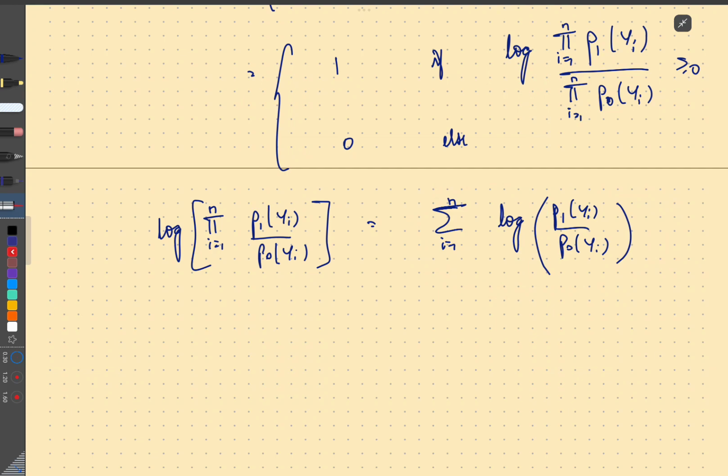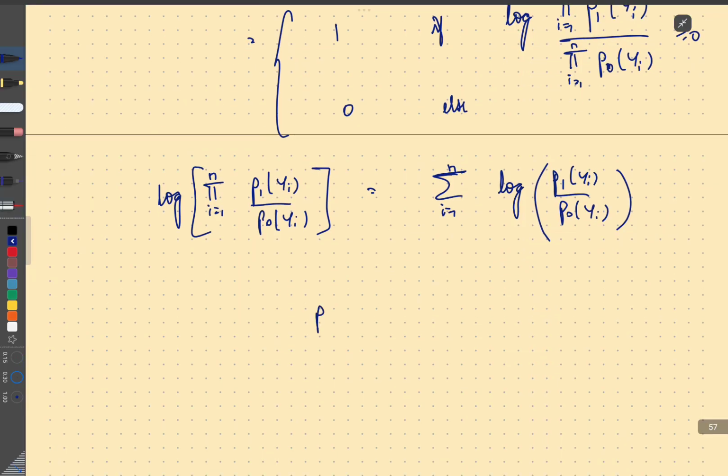It's not Bernoulli, it's some distribution, but then if I assume that the probabilities are lower bounded by something, log P1 of y by P0 of y is less than or equal to, what is the maximum value the probability can take? 1, right?